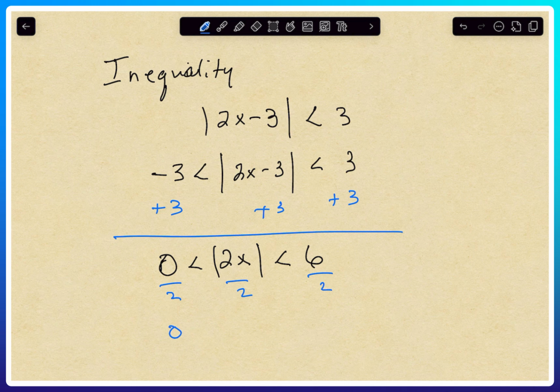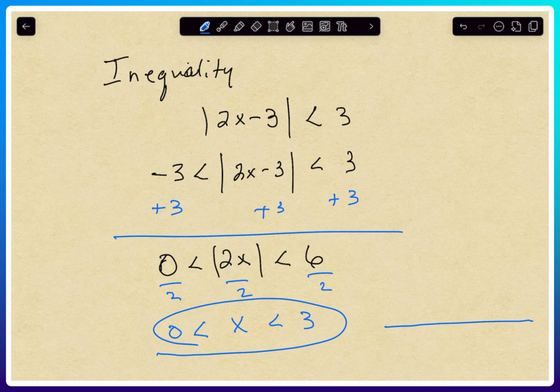So 0 is less than x and less than 3. 2 divided by 2 is x, and 6 divided by 2 becomes 3. This is our answer, and on the number line, it would be like this.